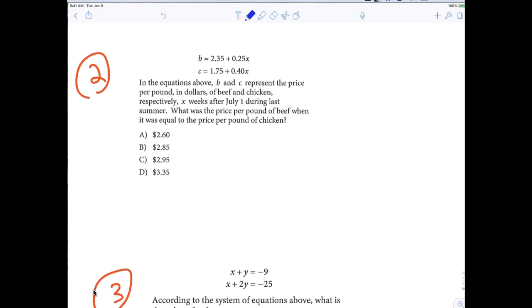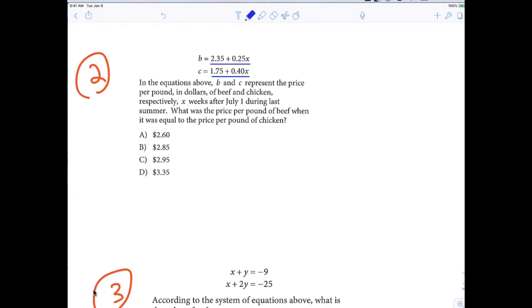So I did B equals 2.35 plus 0.25x, and then I put 2.35 plus 0.25 equals 1.